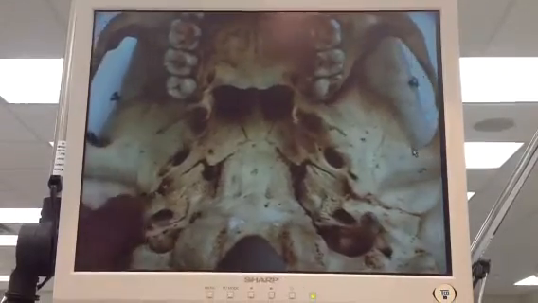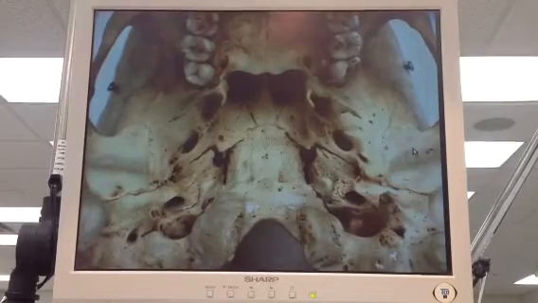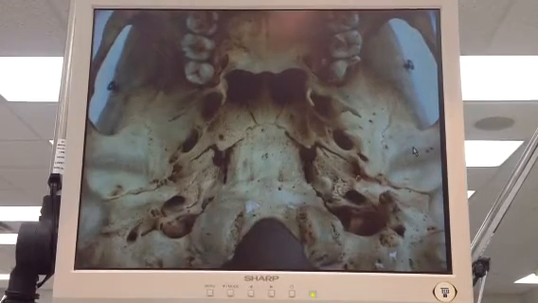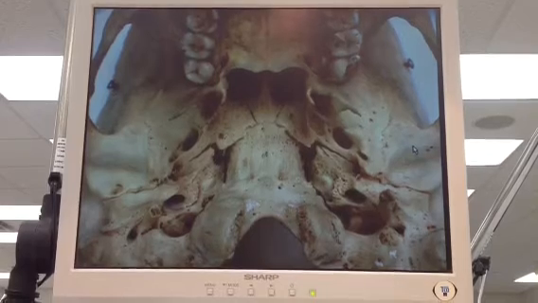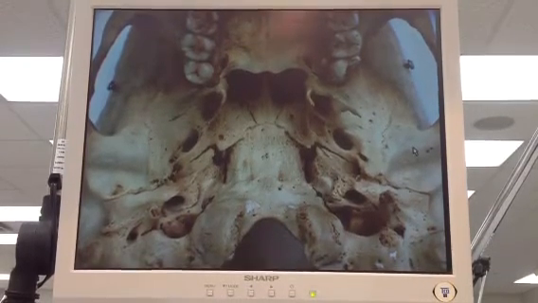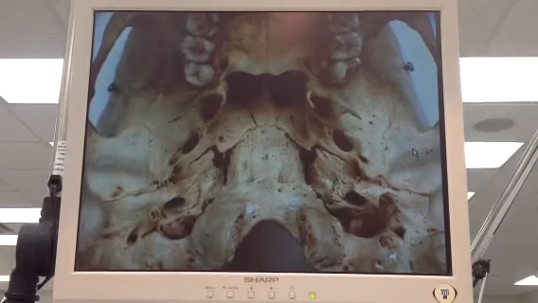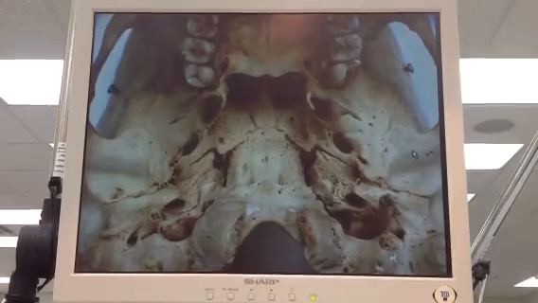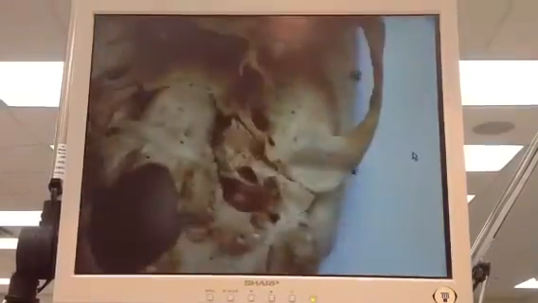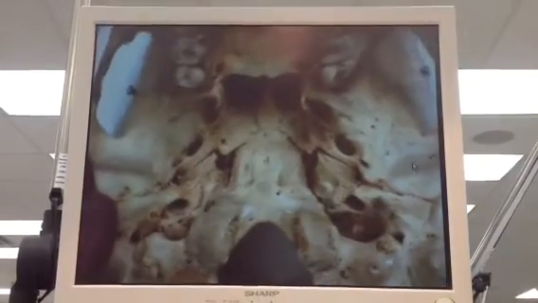I won't be able to show it from this view, but if you look at a disarticulated temporal bone and you see the bony auditory tube, remember there's a muscle that has an attachment point, really an insertion point, onto the bony auditory tube, and that's the levator veli palatini. Tensor has its attachment to the membranous portion. Levator veli palatini is attached to the bony portion of the auditory tube.